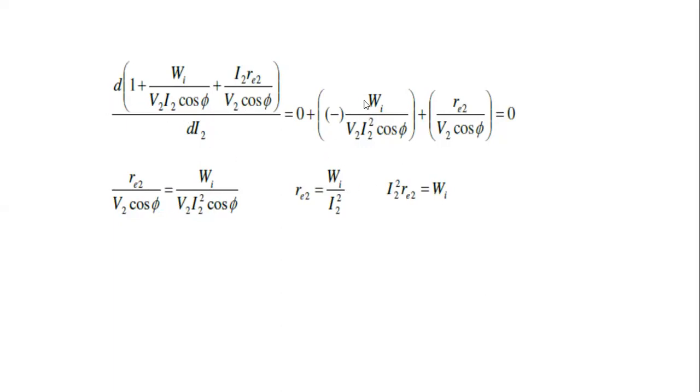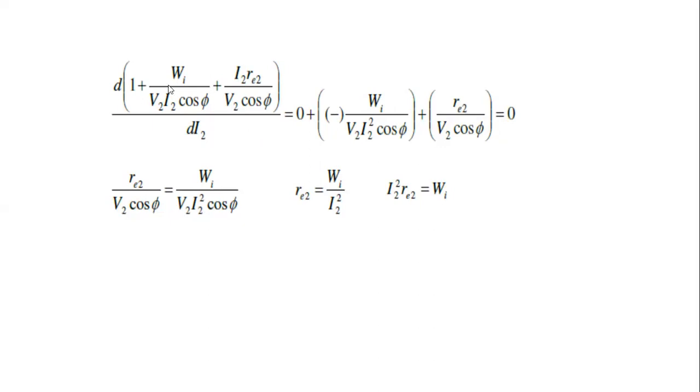Wi, V2, cos phi are all constants. Plus, differentiating I2 with respect to I2 gives 1, so the remaining terms are R2 by V2 cos phi. That is equal to 0.